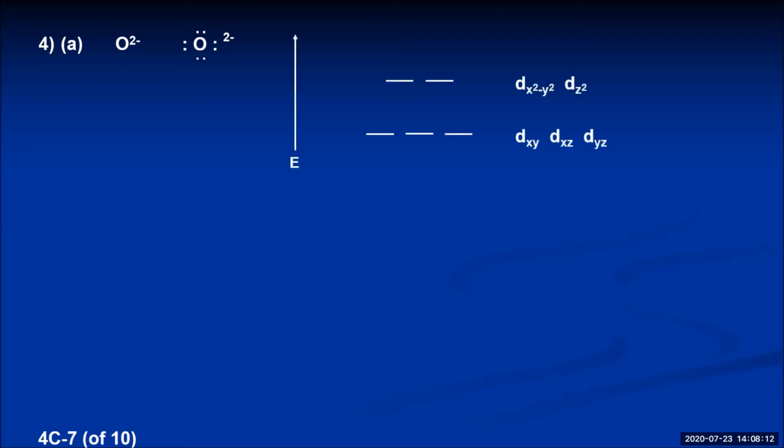Question number 4, identify each ligand as either strong field or weak field. In A, you have the oxide ion. The oxide ion's dot notation would look like this, and what you have in the outer shell of the oxide ion are lone pairs. If a ligand has lone pairs in its outer shell, those lone pairs will repel against the dxy, dxz, and dyz orbitals on the central metal.